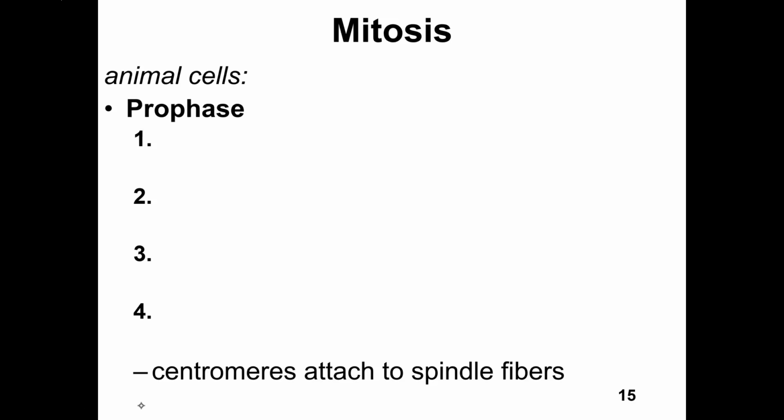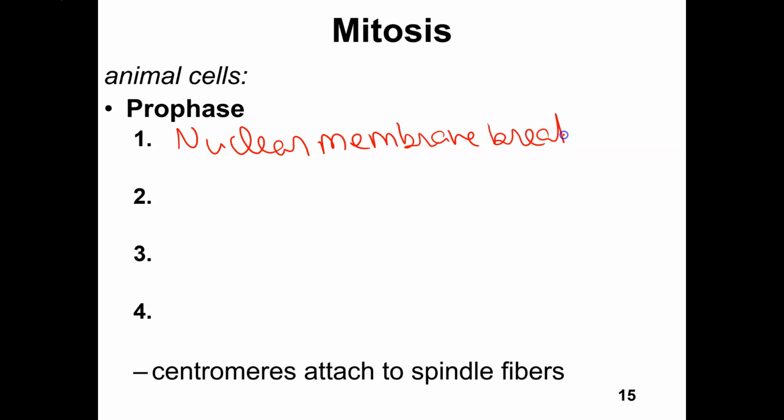And during prophase, the nuclear membrane starts to dissolve. So we have this nuclear membrane dissolving or breaking down. The DNA that has already replicated starts to condense, forming those chromosomes.